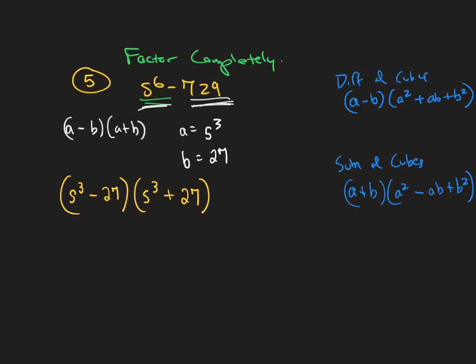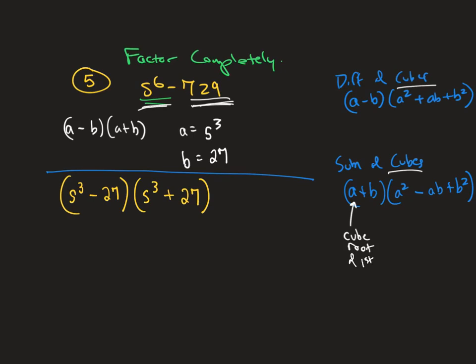So then we're back to determining what a is and what b is. A is going to be, since we're talking about cubes here, the cube root of the first term, and then b is going to be the cube root of the second.